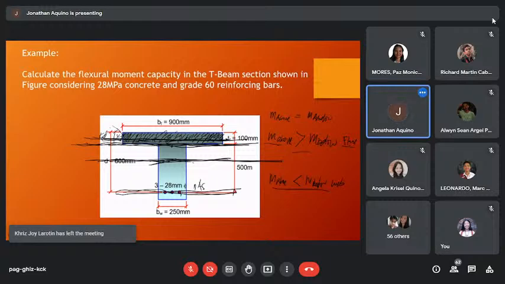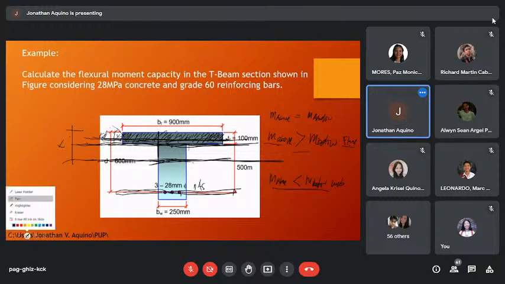So now, you assume a value of x. It is a bit complicated because it is no longer a rectangle, so you will have two values. In a T-beam, you can cut it into several triangles. So two triangles, this triangle plus this triangle. Normally this is given, so assume this is now your value of x.